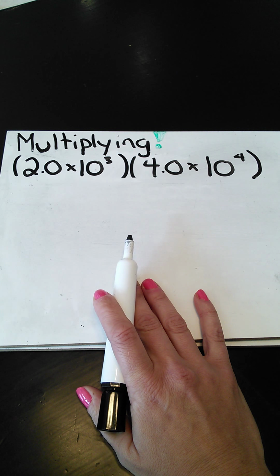So when we solve this out, 2.6 times 3.5 would be 9.1 times 10 to the negative 2 plus 6, which is 4. And that would be our answer. So that is how we would do multiplication.